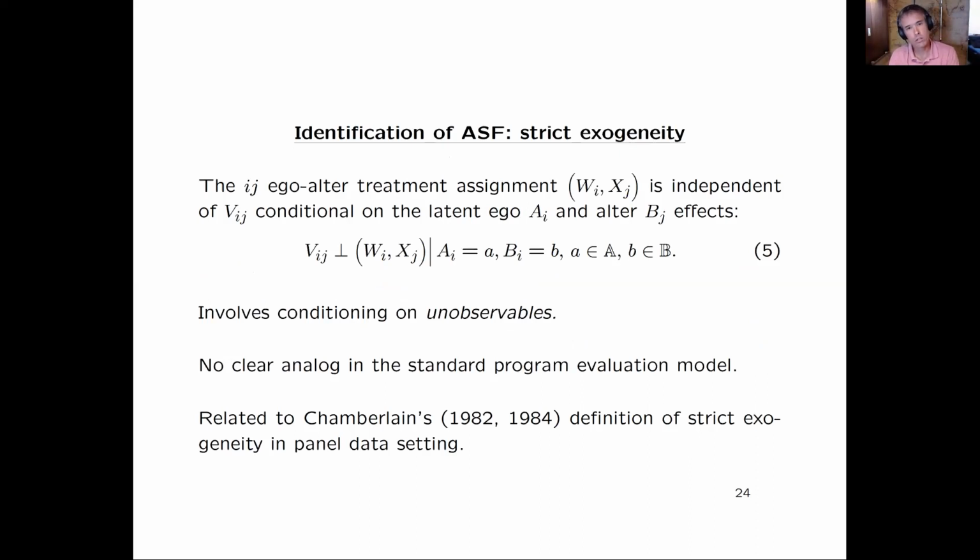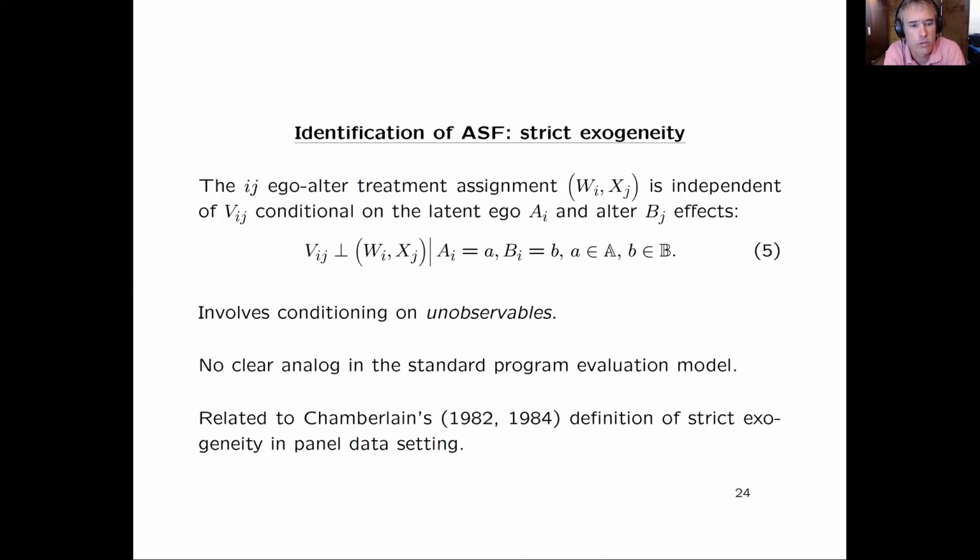One is something I'll call a strict exogeneity assumption. So we're going to assume that this dyad-specific component of the potential response is independent of the policies, conditional on these latent unit-specific effects. So this should be a BJ right here. I'm sorry. Write that down. And so what's somewhat interesting about this is it's a conditional independence type assumption, which we're familiar with, but involves conditioning on unobservables.